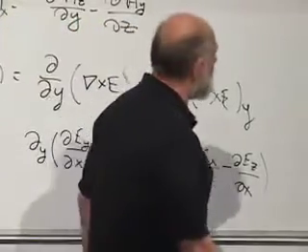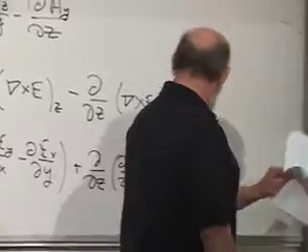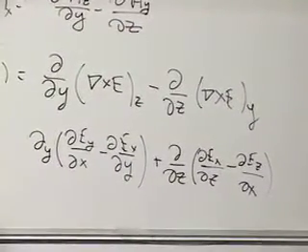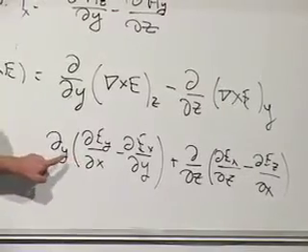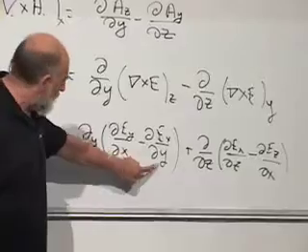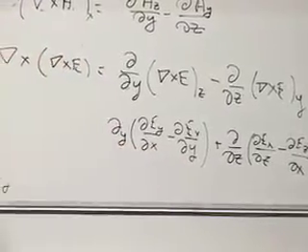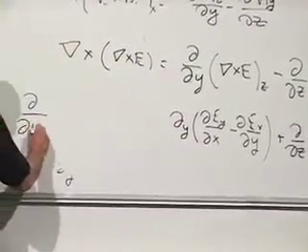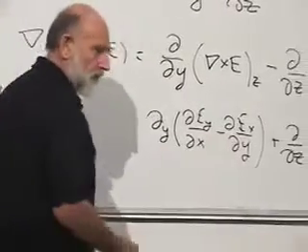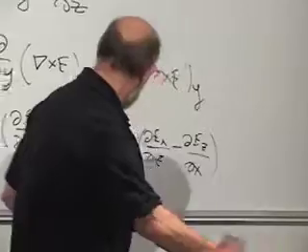We're calculating the x component of a vector. Let's see what we have here. We first of all have second derivatives of EX with respect to y. First of all, d by dy squared of EX. That's this term. Let me cross them out as we pick them off.